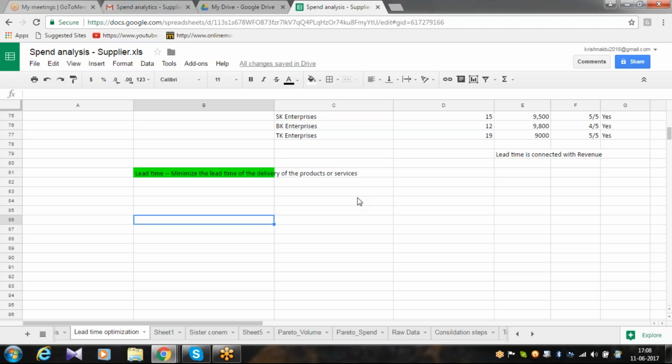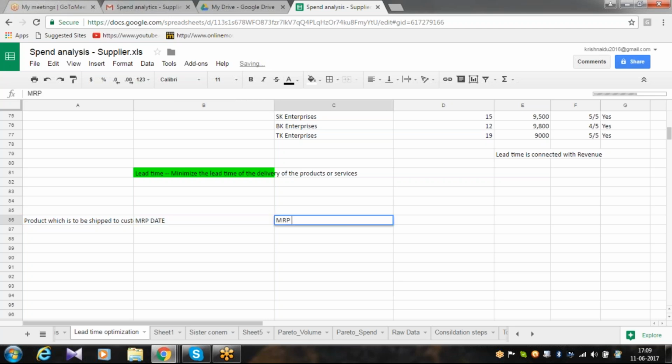So you have to check the next thing. Let me write here. Product means which is to be shipped to the customer. So we'll look at the product's name. Then we'll look at the MRP date, MRP reference number, and stock availability.